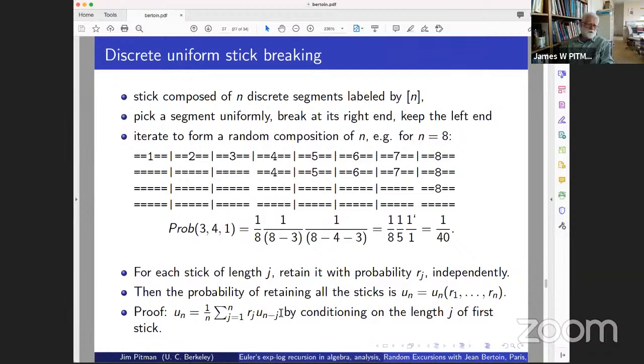So this is sort of an undergraduate exercise in conditioning, and recursion is to see that if you use this discrete stick breaking scheme and you have numbers r that are probabilities, then you're going to solve this recursion, and hence, of course, you have the exponential relation.